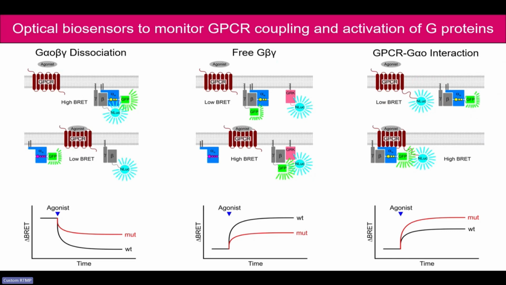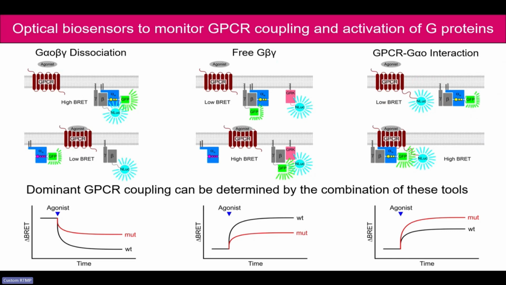The main problem here is that to determine that a mutant has this dominant GPCR coupling, you basically need to take a few of these assays, and only the combination of those will tell you that yes, this mutant seems to bind the activated receptor and trap it.